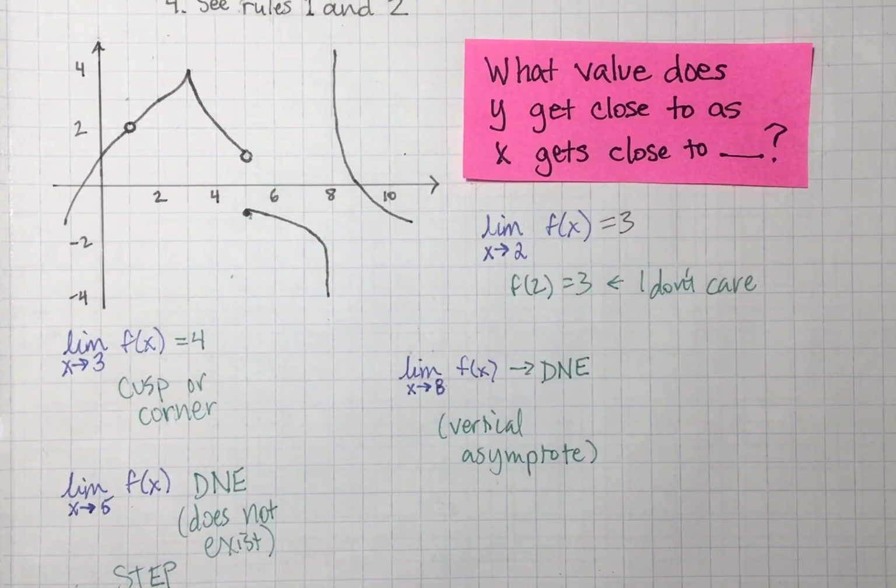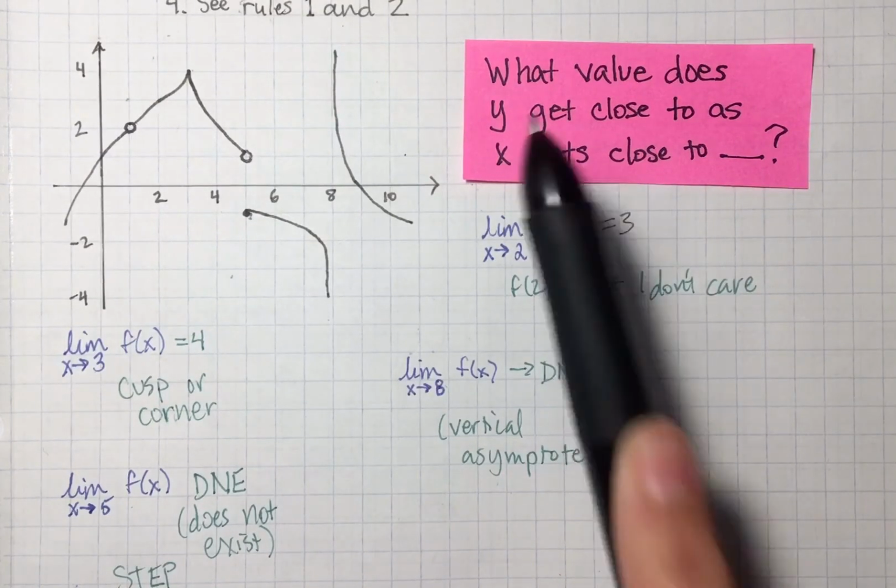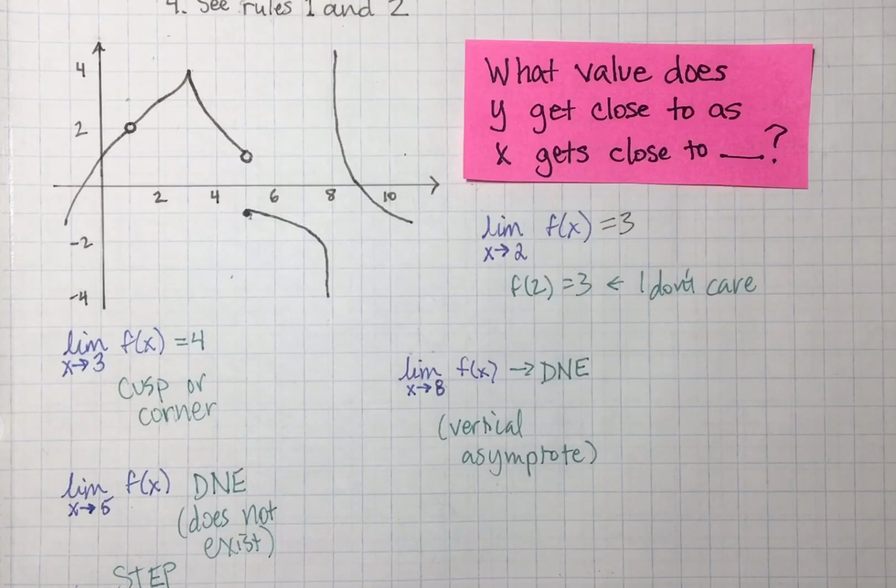So if you have an equation, plan A is always going to just be to plug the number in, even though it's kind of a cheat. Because remember, the question is, what value does y get close to as x gets close to whatever number? Well, the number itself is pretty close, isn't it? So it's kind of a cheat we do, and that's okay.